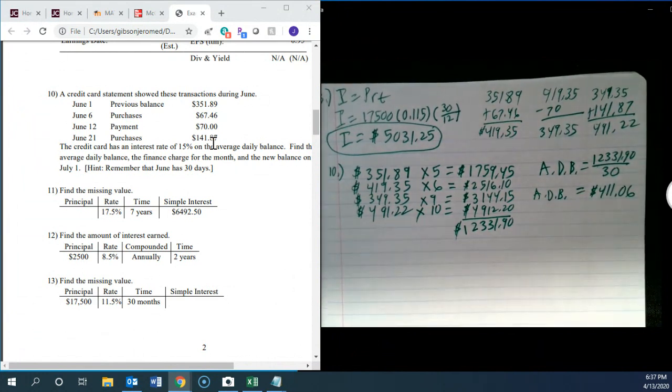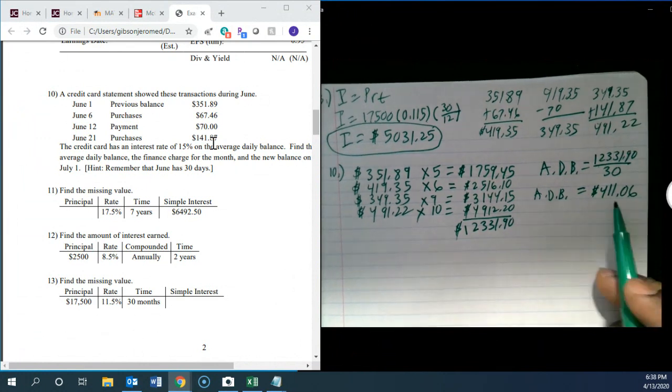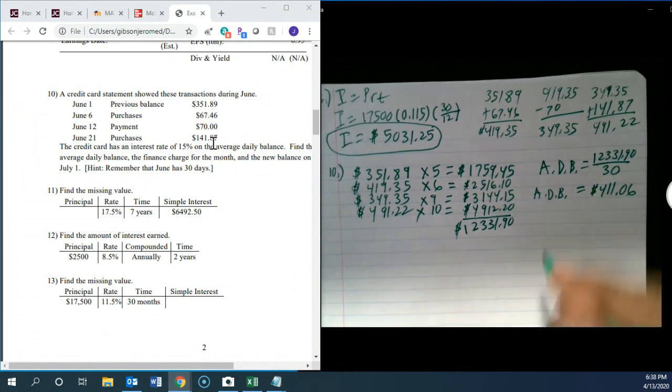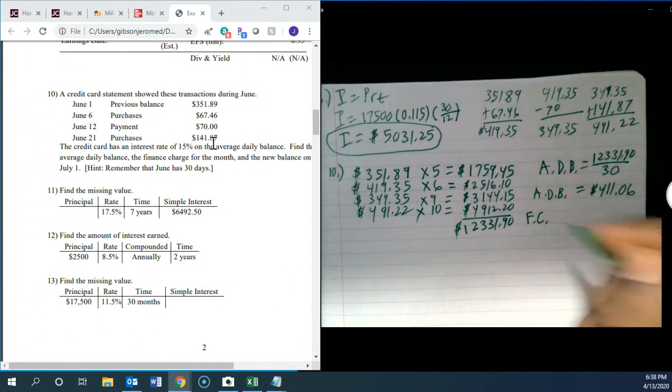Okay, now remember, that's just the first part of our answer. They also asked us to find a finance charge for the month. Now remember, the finance charge is based off of your average daily balance. So I'm going to put FC for finance charge.